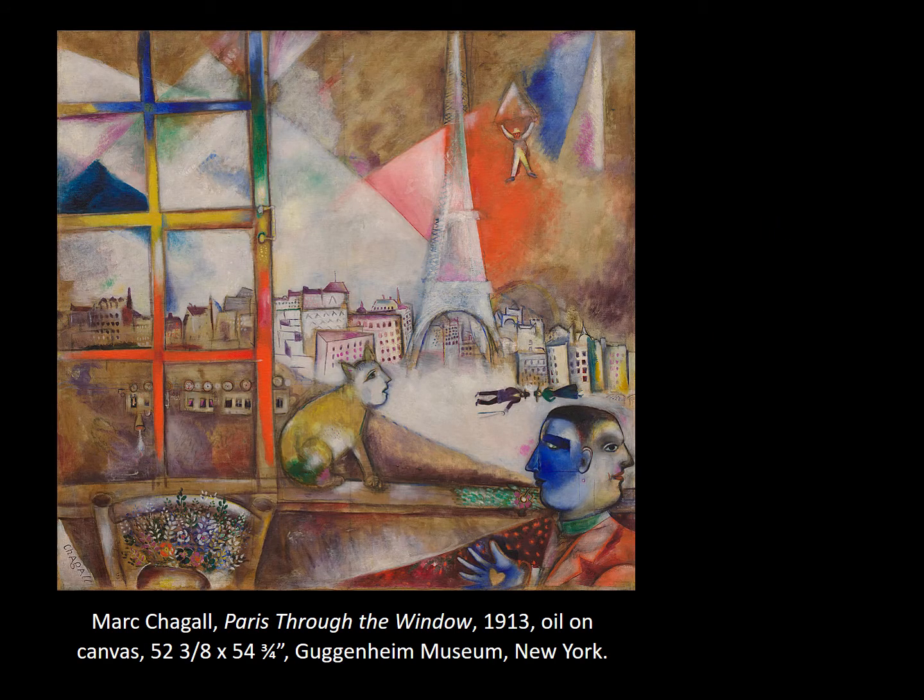The first of them is really on the theme of the city of Paris, which is called Paris Through the Window. We see in a lot of Chagall's work during these Parisian years this sort of dueling conflict between these different worlds of his, the world of Paris and the world of Russia, the lure of the cosmopolitan city and his attachment to his home.